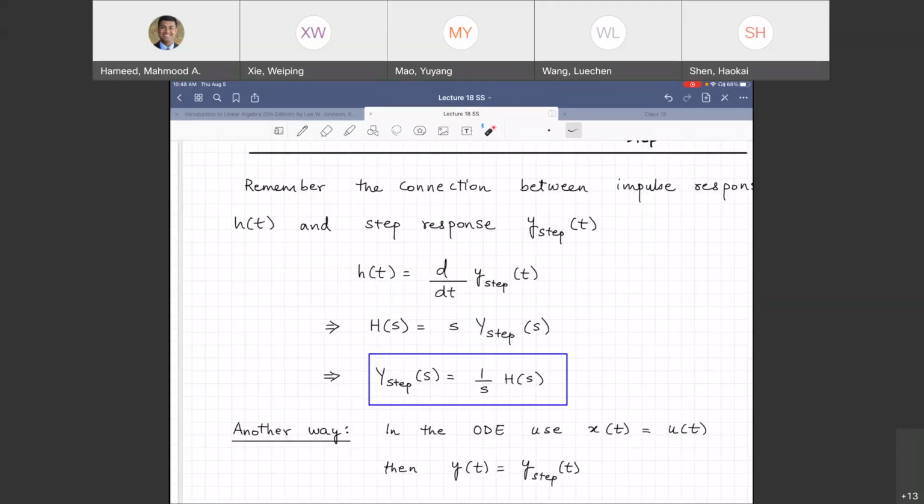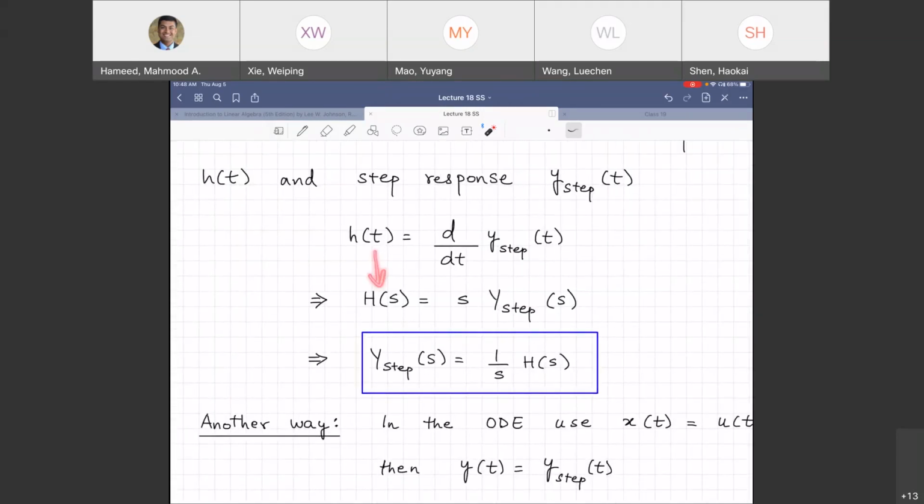Now, if you take the Laplace transform of this, what do you get? H of s over here. Derivative gives you a multiply by s. You're just differentiating once, so you get s to the 1, and you get the step response also in the Laplace domain. Earlier, output was step response.